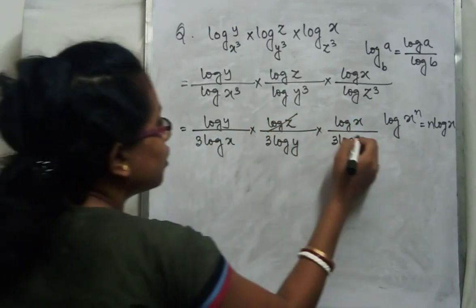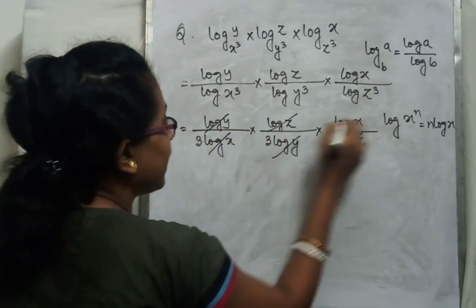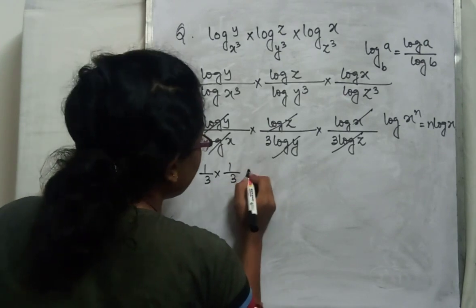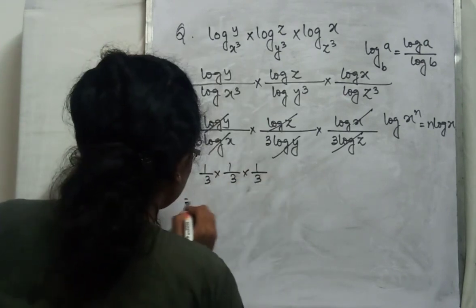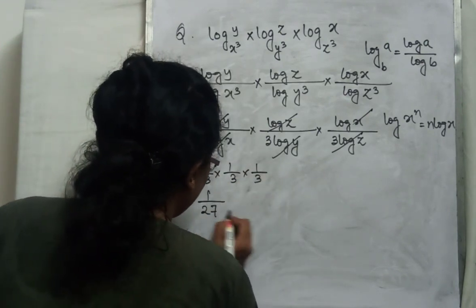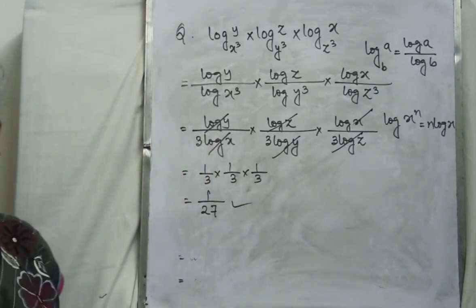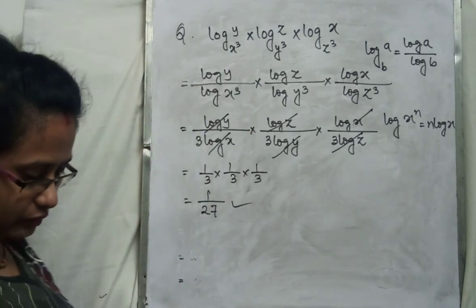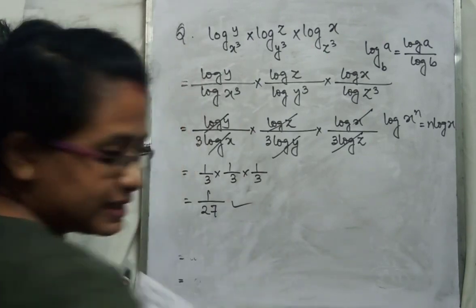Here you can cut all this, and you will get 1 by 3 into 1 by 3 into 1 by 3, which gives us 1 by 27. Okay? So these are the evaluation type of math.